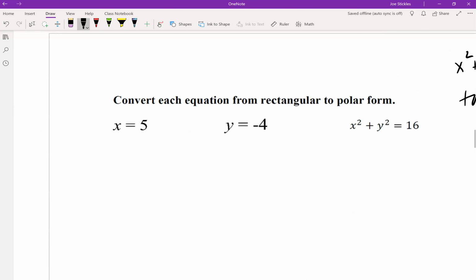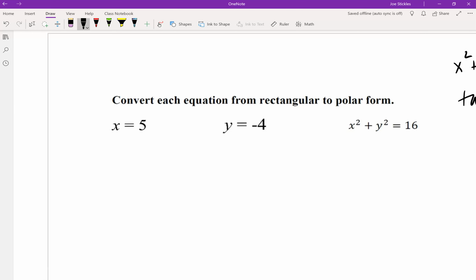So going back over here, we will write this as r cosine theta, because in polar, that's what x is equal to. Is equal to 5. And in a lot of problems of this type, it wants you to solve for r, writing r in terms of theta. So to do that in this case, we would divide both sides by cosine of theta and get r equals 5 secant theta.